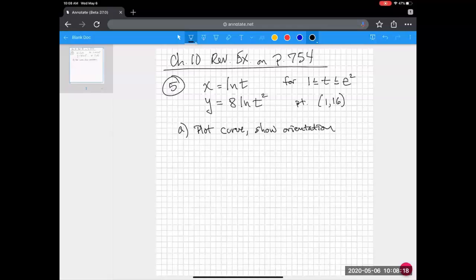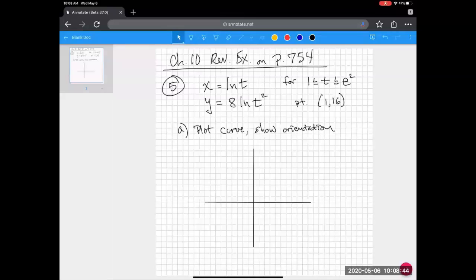All right, so to plot this, let's get a graphing grid. So in this section, we discussed different ways that we could try to figure out what a graph would be.